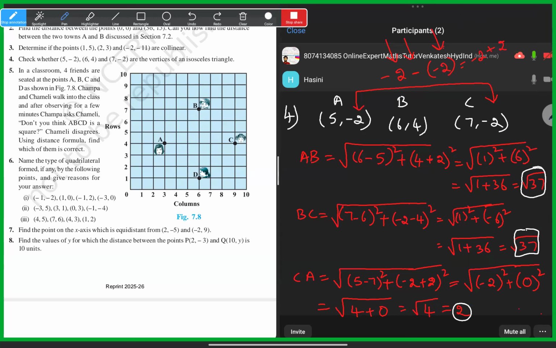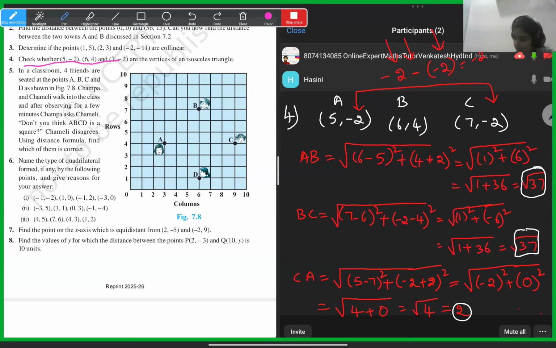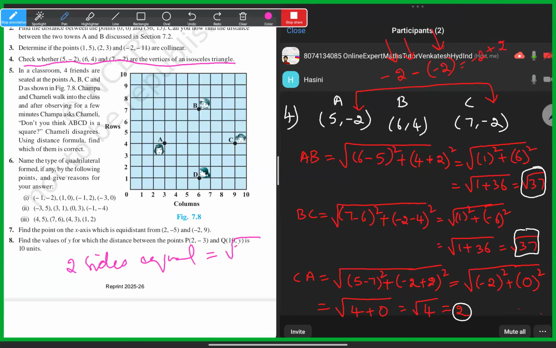They asked to check whether they are the vertices of an isosceles triangle. Now we should say yes, sir. The reason is we got two sides equal to root 37. Hence, they form an isosceles triangle.